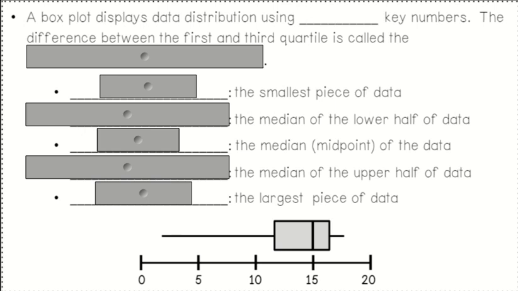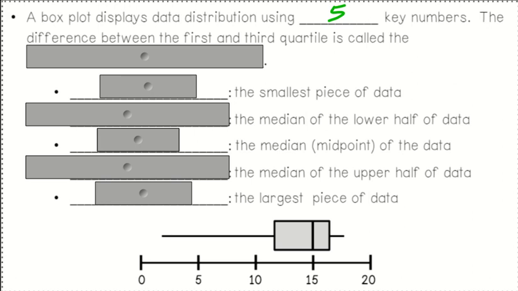What a box plot does is it displays our data using 5 key numbers. So there's 5 things we got to kind of figure out. Now there's more things they can ask about. There actually ends up being about 7 different things they could ask. Maybe even more than that, but there's 5 primary things.